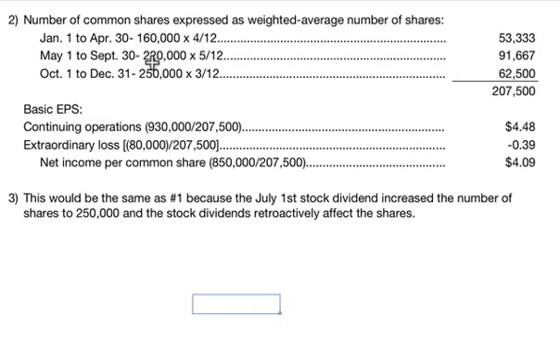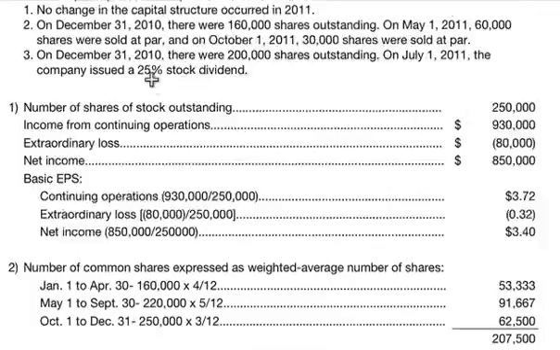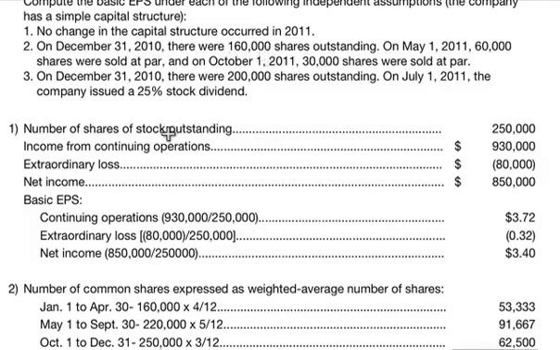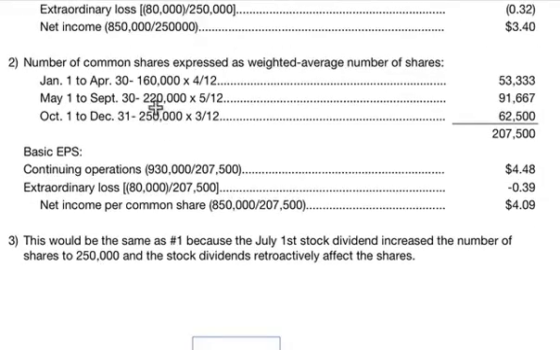From May 1st to September 30th is 5 months. So we take 220,000. If you look at the information from number two again, 60,000 shares were sold on May 1st, so you add the 60,000 to 160,000. That gives you 220,000. So for 5 months out of the year, you had 220,000 shares outstanding. 220,000 times 5/12 is 91,667.